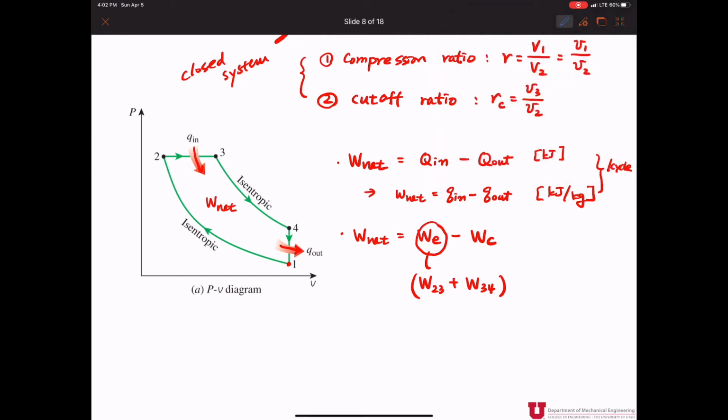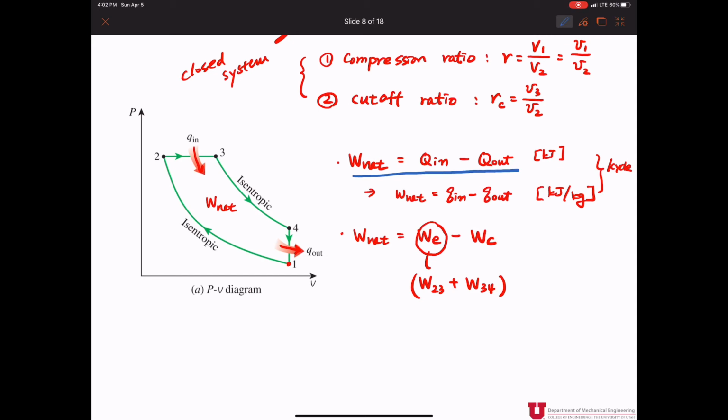Okay? Now, one equation is how we can calculate the net work by using Q in and Q out. Okay, so in order to be able to calculate the net work, you should know two terms. One is the amount of heat input, and the other one is the amount of heat output.